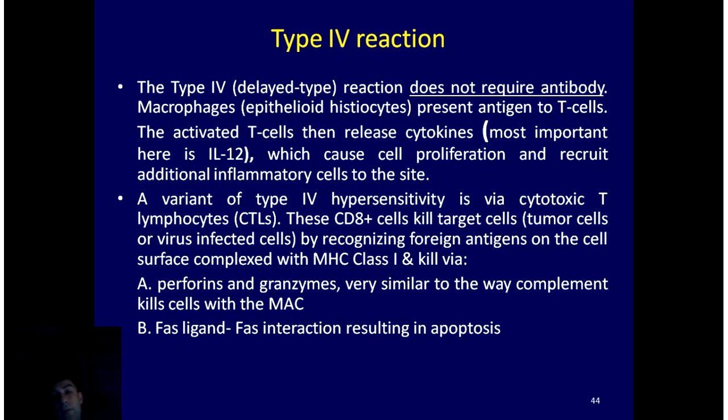Then, after these three types, we now move to cell-mediated immune response, type 4, delayed immune reaction, and here it depends on two types of T cells, either CD4 plus helpers or CD8 plus killers.